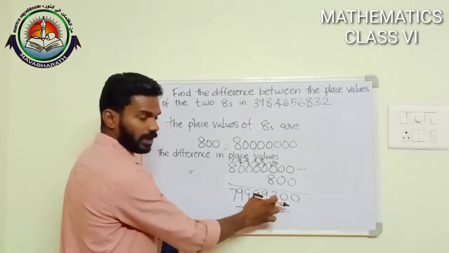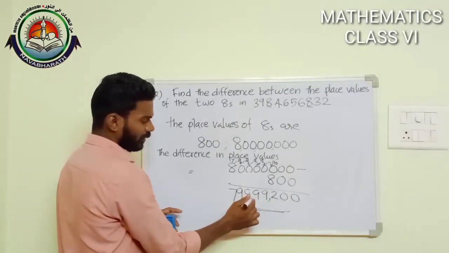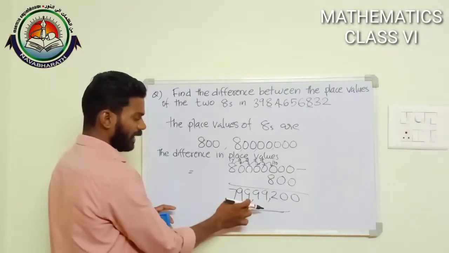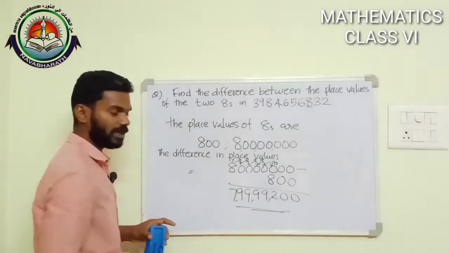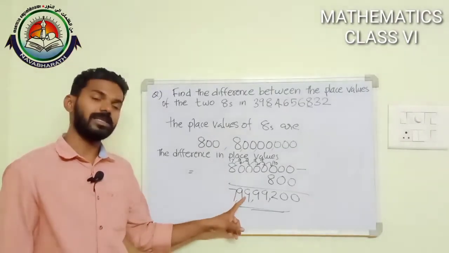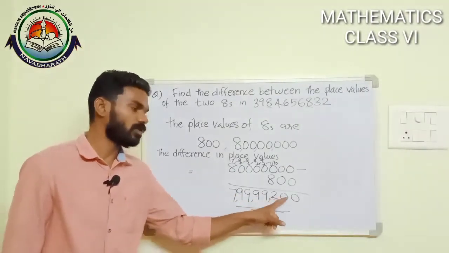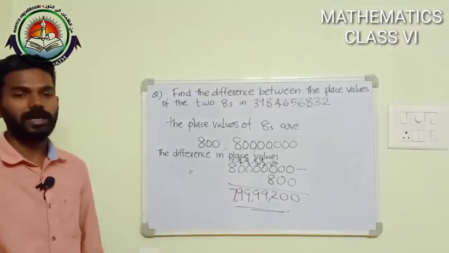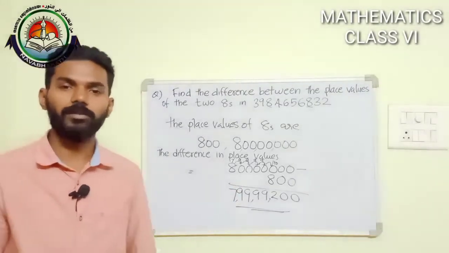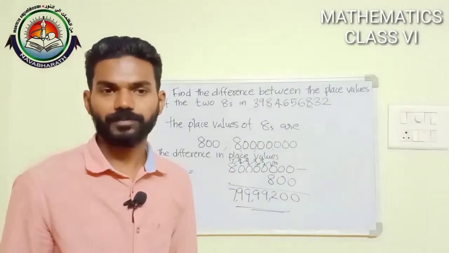Ones, tens, hundreds, thereafter a comma. 1,000, 10,000. Again a comma. Lakh, 10 lakh. Again a comma. 7 crore 99 lakh 99,200. That would be the answer. I hope you are clear about how we did this problem.